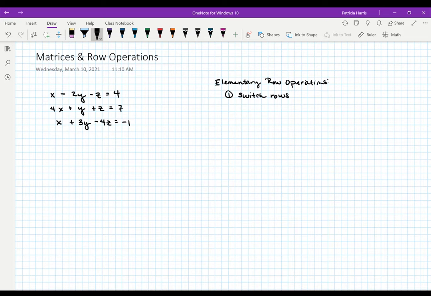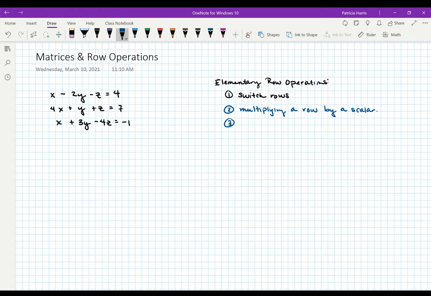And if you're having trouble seeing what I mean, once we tackle this system to the left, you'll kind of see what's going on. Okay. The second row operation is multiplying a single row by a scalar. Okay.